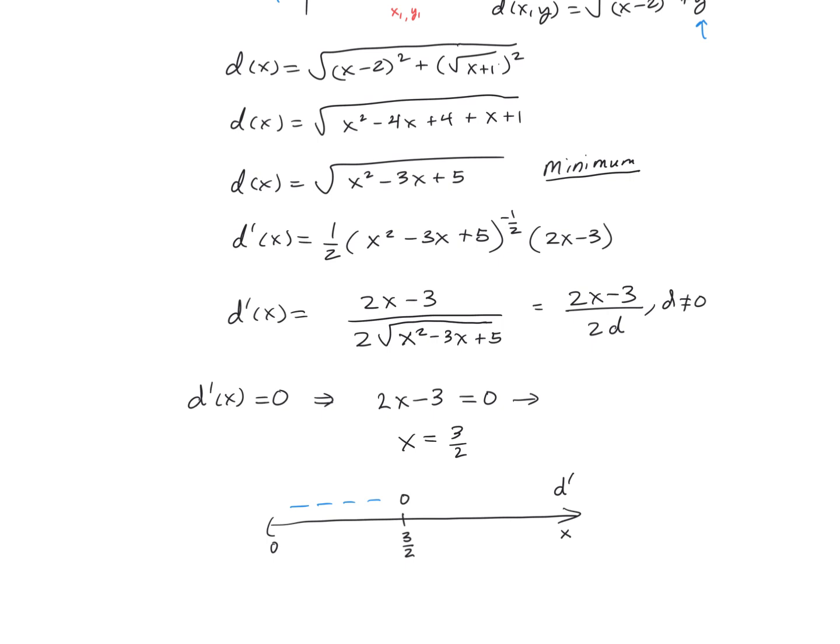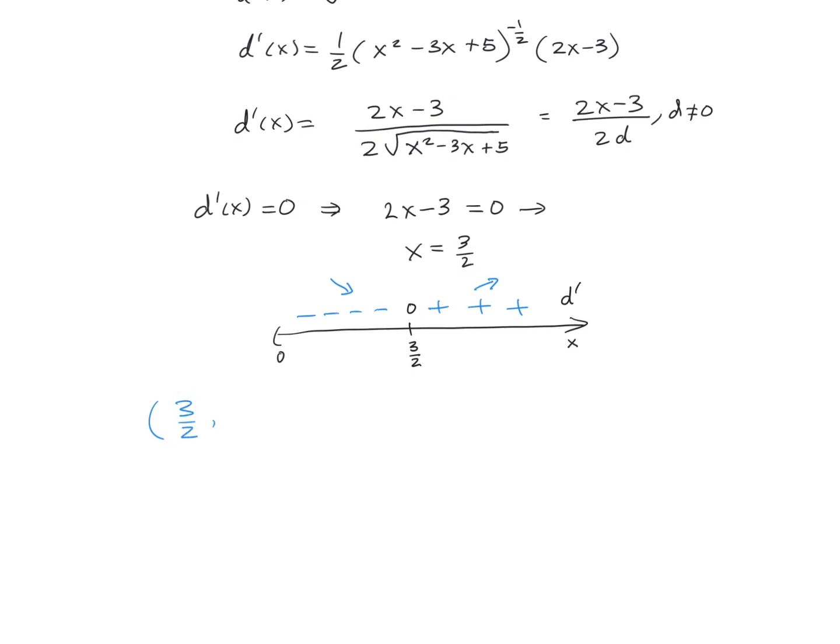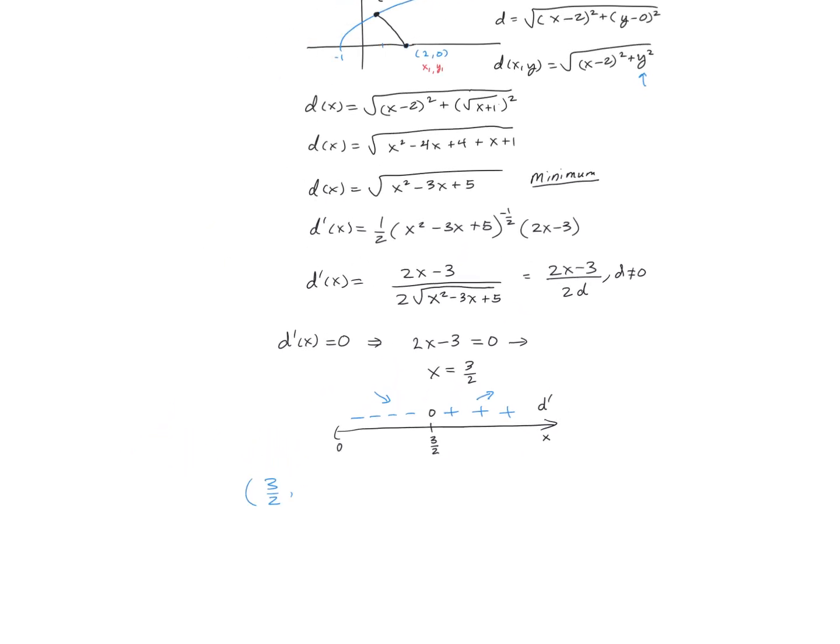Something bigger than 3 halves, such as 2, substituting in my derivative, I get a positive value. So I know that my distance is decreasing up until 3 halves, and then from 3 halves on, it is increasing.